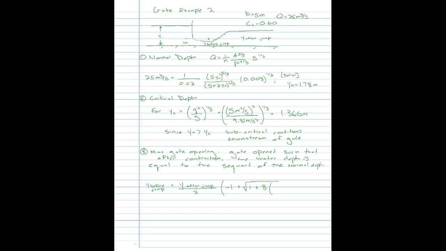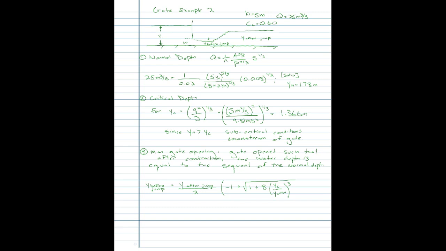One way to find the Froude number is Yc to Y after, cubed. Well, actually, that's not the Froude number, but we can use this as a substitute for it in the hydraulic jump equation.